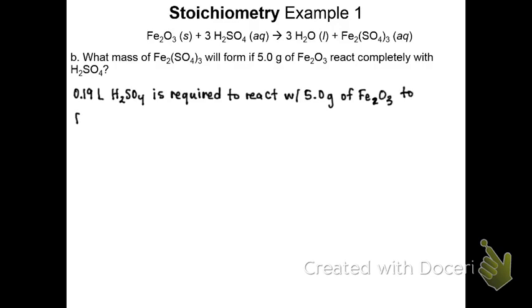And that forms 12 grams of iron sulfate. So we can summarize all of this in what we call a reaction table or an amounts table. So in the table, we're going to start by writing the balanced equation.